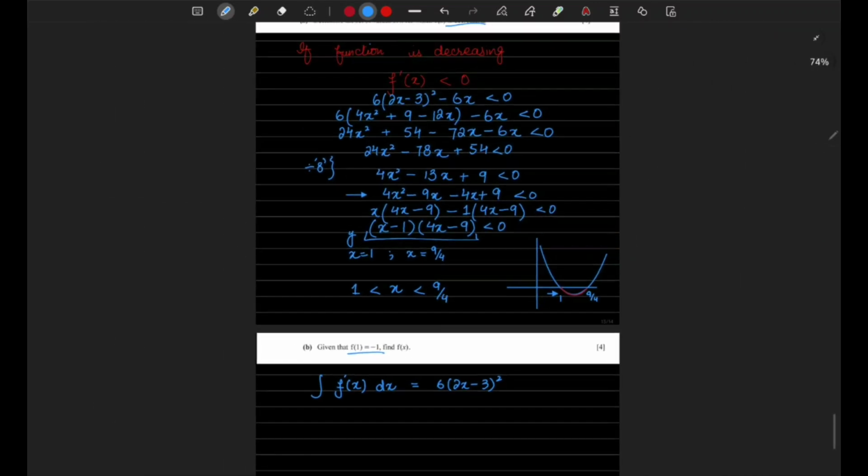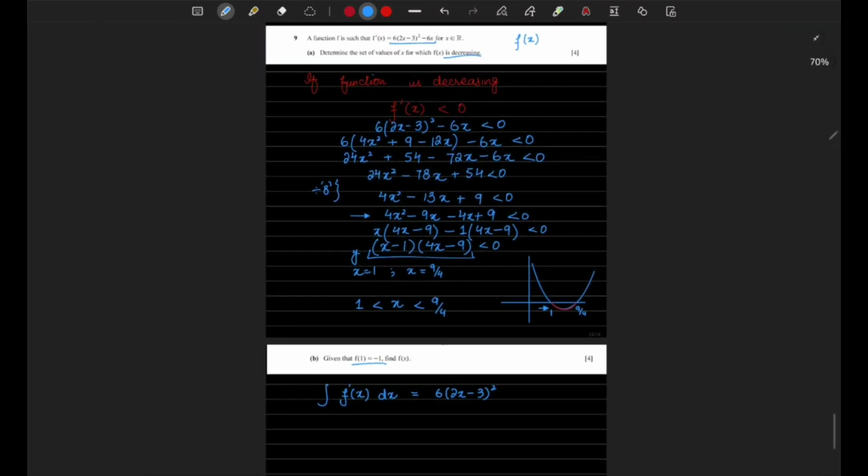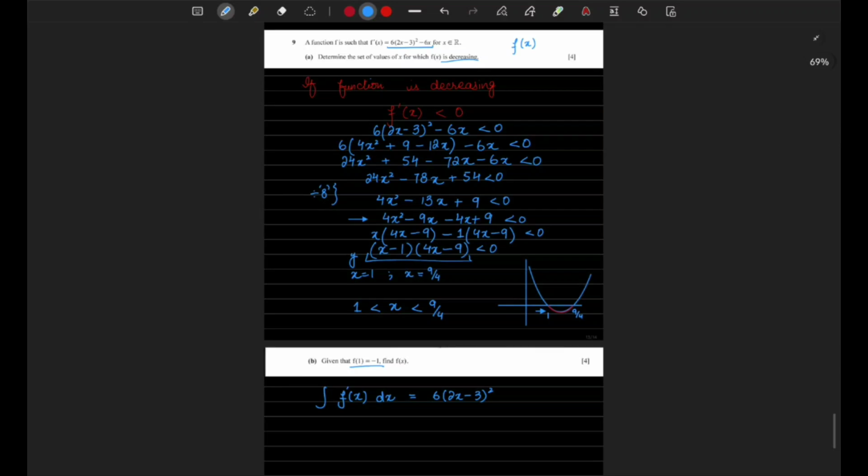It is better to take the simplified version of it, but both versions are fine. You can use any one of them, either the expanded version or the original version.